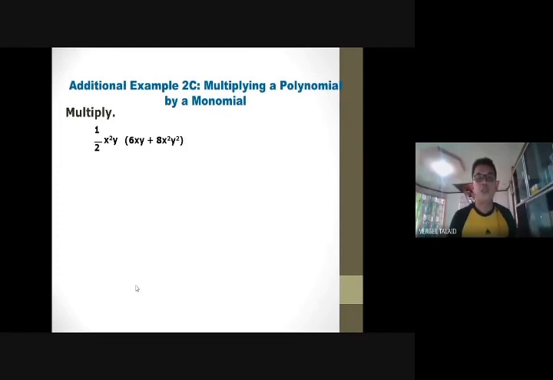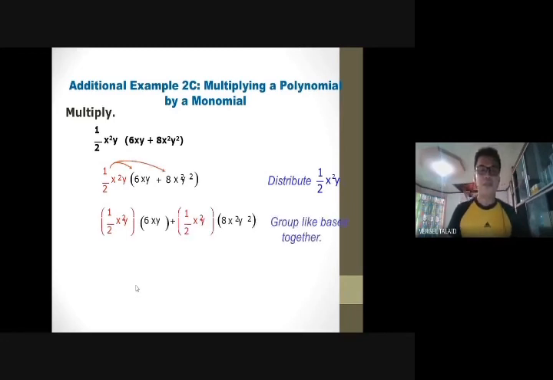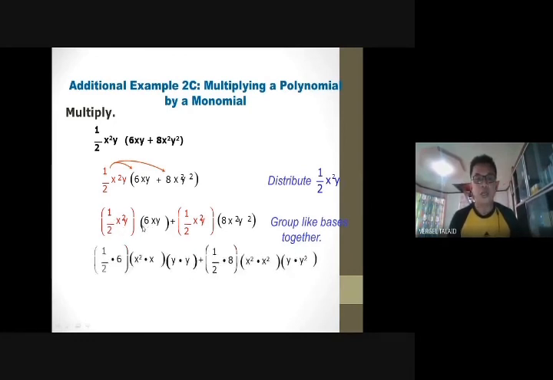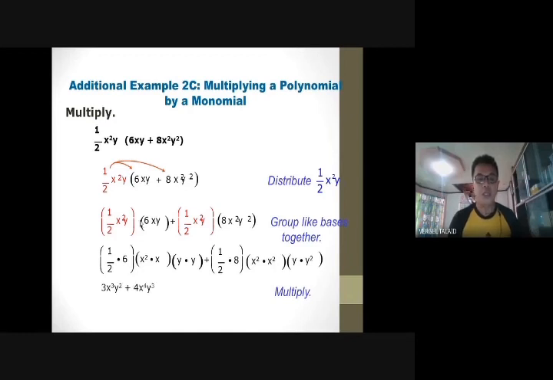The same also with this example. So 1 half x squared y, we are going to distribute 1 half x squared y to each term. One half times 6, that is 3. X becomes 3x cubed.